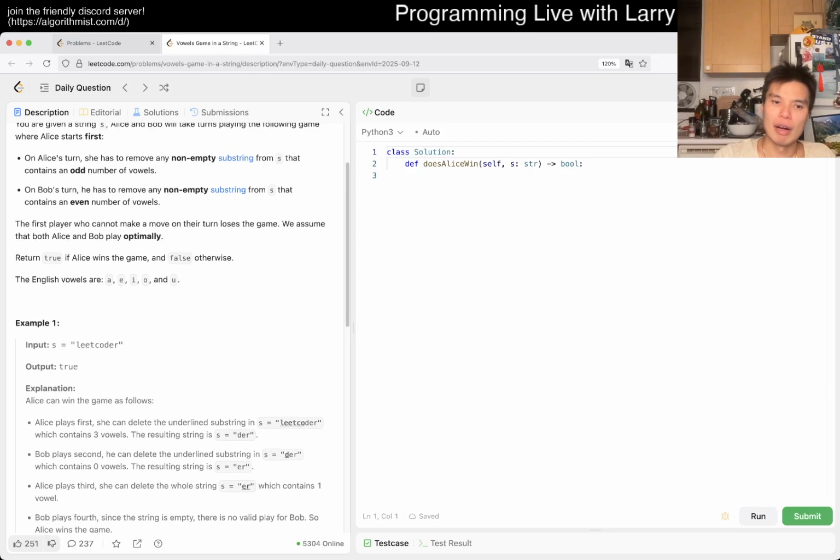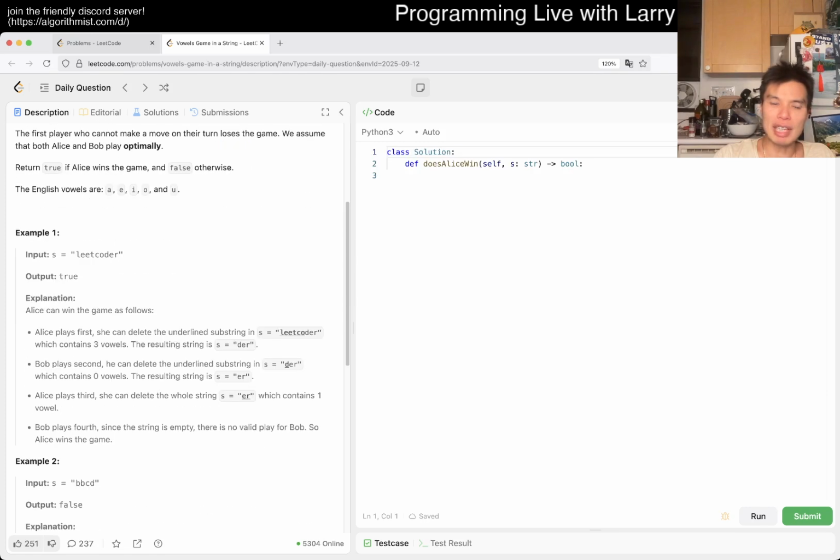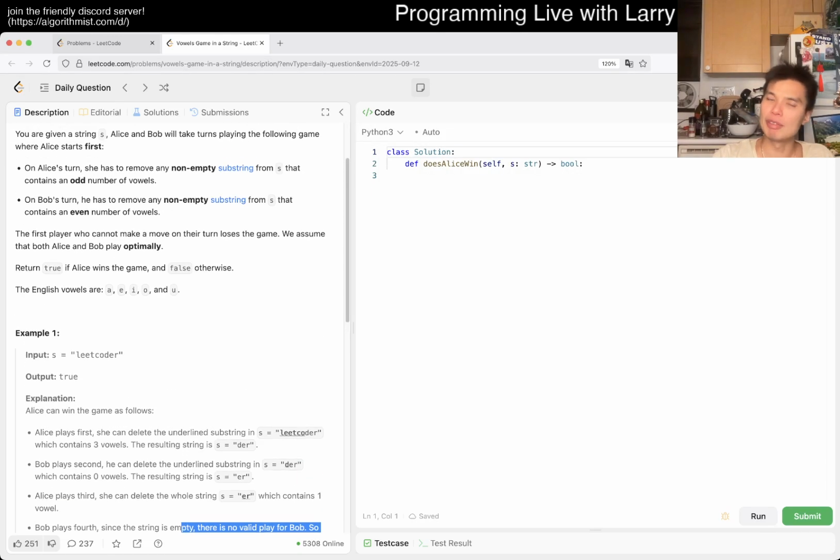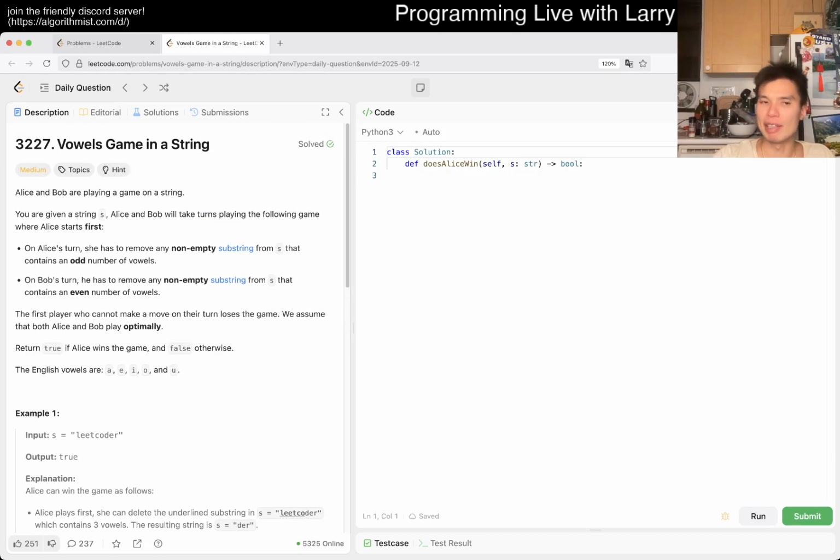Okay. Well, it turns out that if the string is empty, the other player loses. So if the starting string has an odd number of vowels, Alice just takes everything. That's kind of the base case, almost. So if at the beginning there is an odd number of vowels, then Alice just wins, right? That's one. So what if it has an even number of vowels?